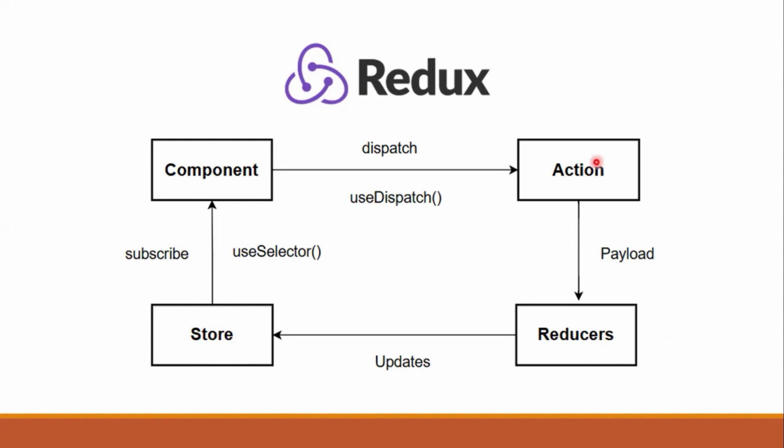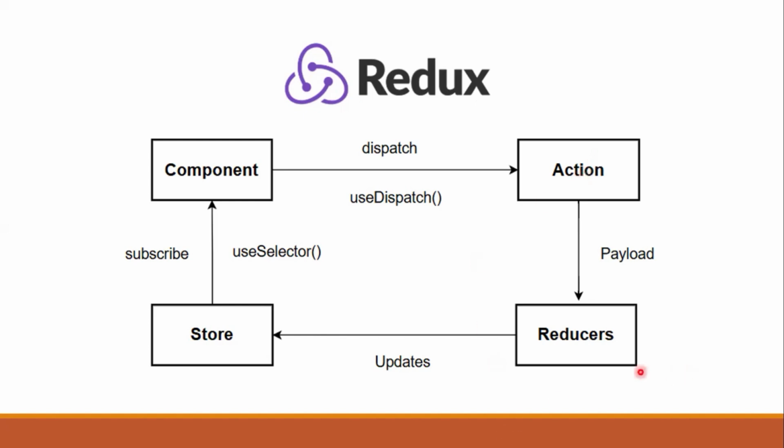Actions are plain JavaScript objects that describe what happened in the application. That means we can add an item, delete an item, add a user or delete a user. That is basically the type of the action, and along with that type, it also carries any necessary data related to the change.